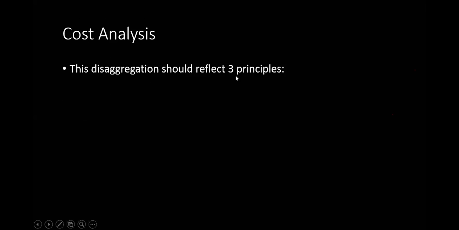Disaggregation should reflect 3 principles. As I told you, you need to analyze these 9 activities further, into 100 sub-variables. Even though there are 9 activities, it's better to analyze them further and further. When you are doing this, there are 3 principles to keep in mind.